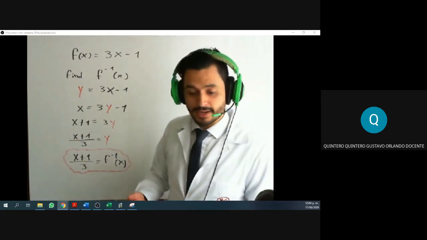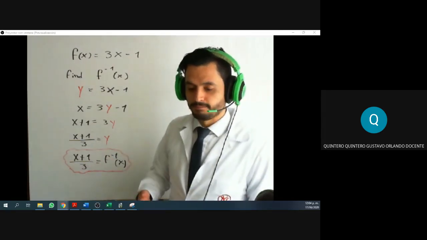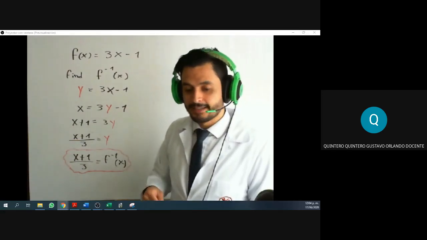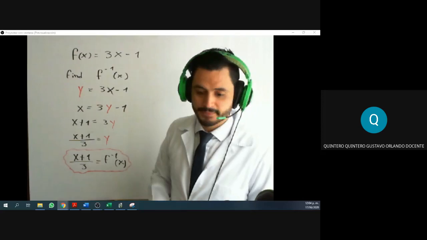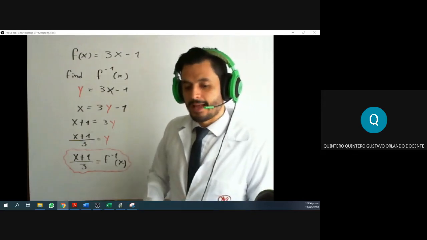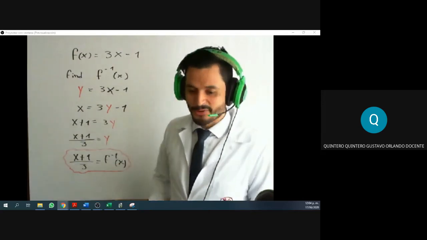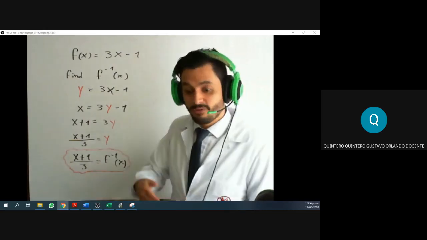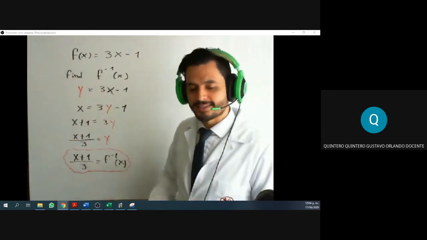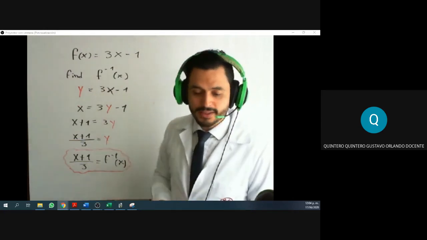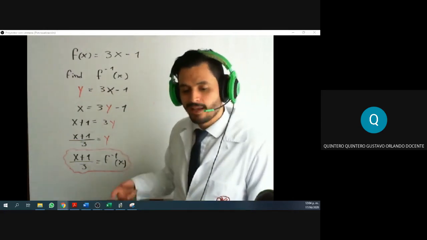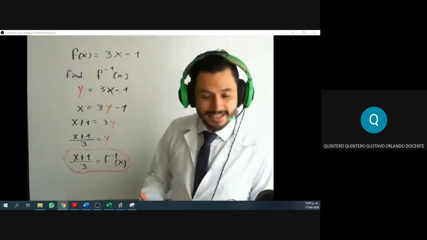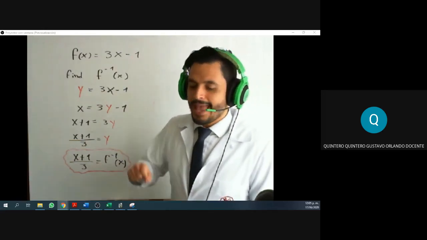That is the case, for example, of a quadratic function. If we isolate it, the quadratic function doesn't really have an inverse. I'm not going to do it here. I'm going to leave it as homework, if you want to, because it's not real work, right? If you want to check it, just do the exact same process with that quadratic function, and you're going to see that at the end, the result is going to give you problems. The result is not a function, right?